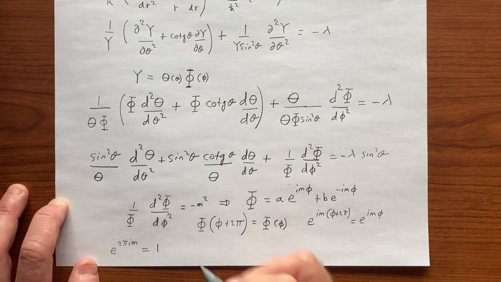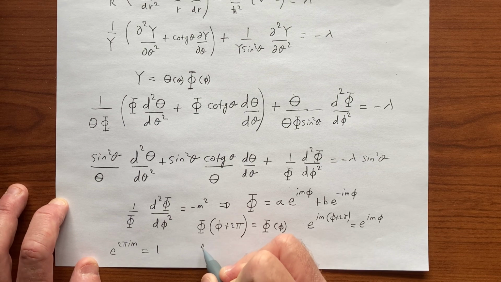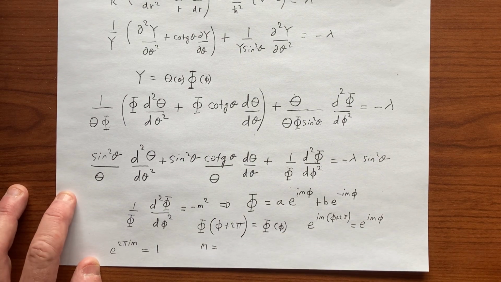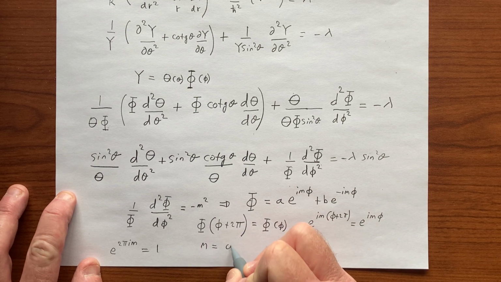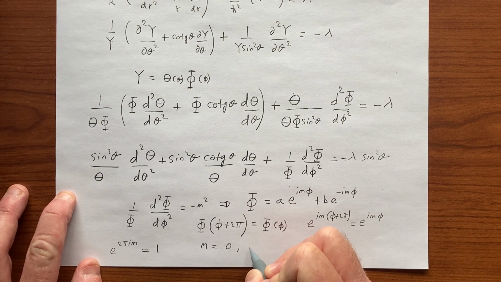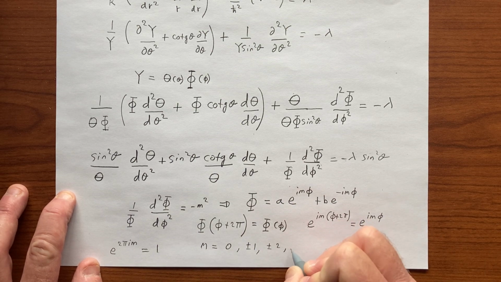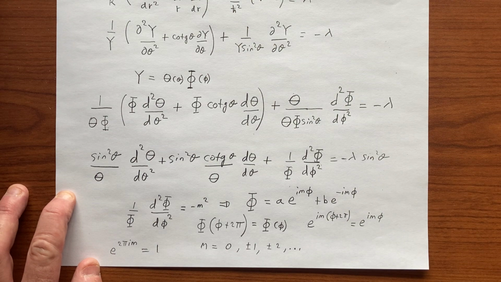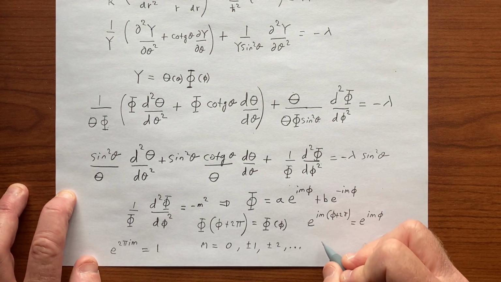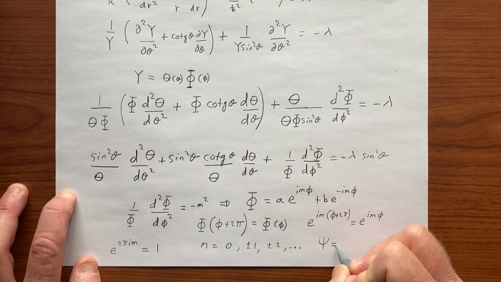So it looks like that, and what follows from that is that m is equal to 0. It can be 1 or negative 1, so plus or minus 1. It can be plus or minus 2, and so on. So these are integers.